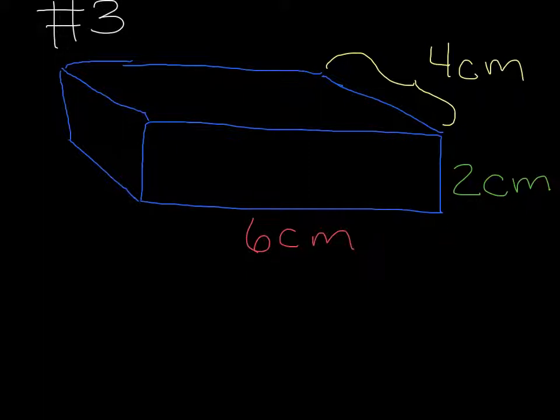If you have an object whose dimensions are 6 centimeters length, 2 centimeters height, and 4 centimeters width, remember that the way to find the volume of a rectangular prism is to multiply your dimensions, length times width times height.